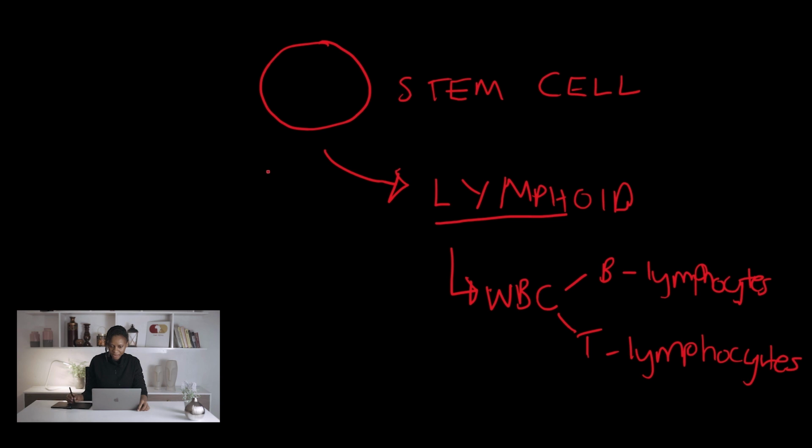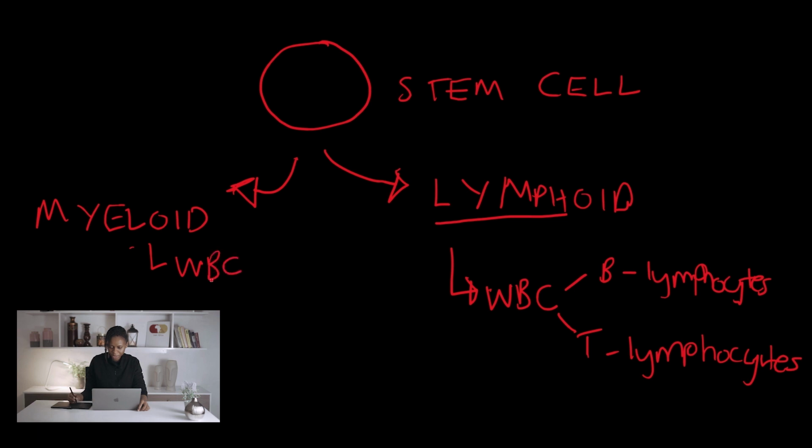And then your second cell line that comes out of the stem cells is known as your myeloid line. So your myeloid line also gives you some white blood cells.